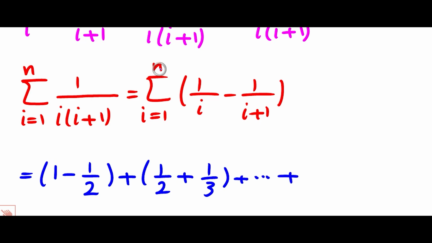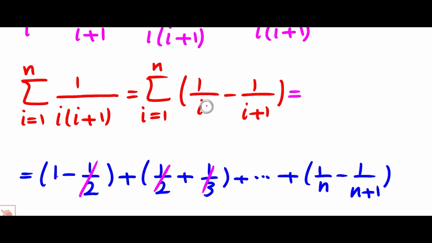And when i equals n, we have 1 over n minus 1 over (n+1). So all middle terms cancel, and we get 1 minus 1 over (n+1), or n over (n+1).